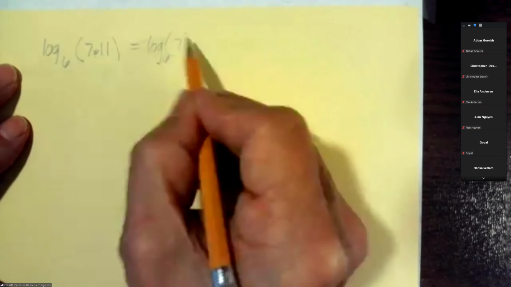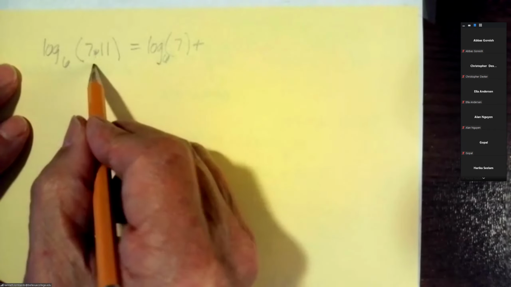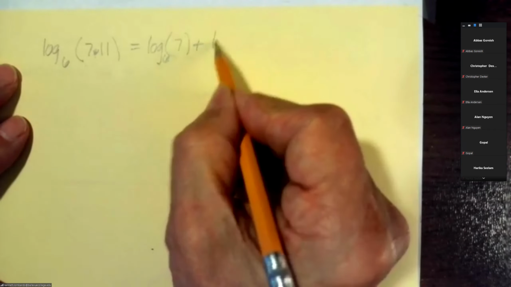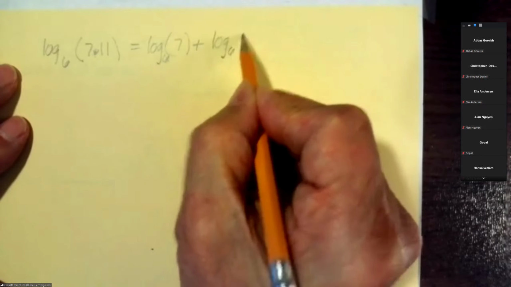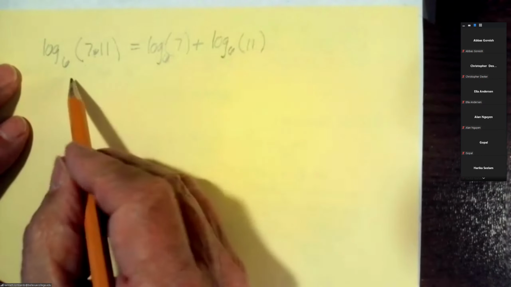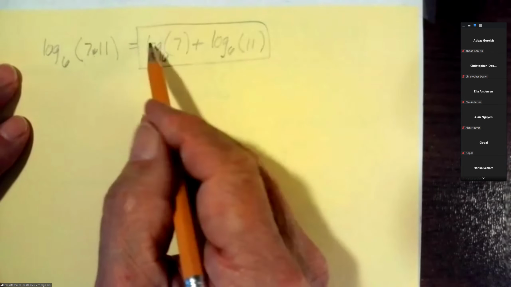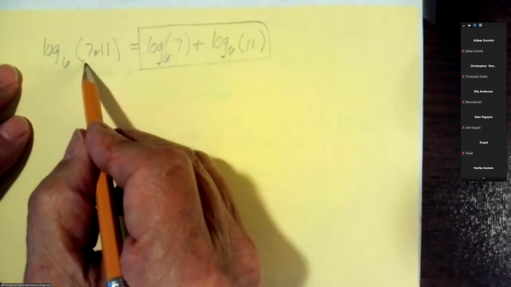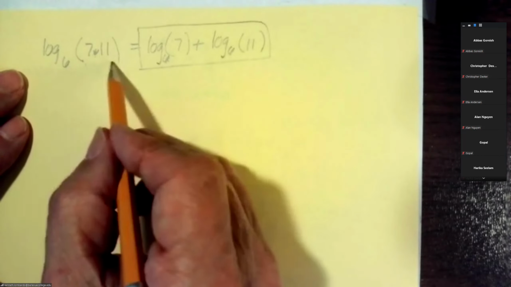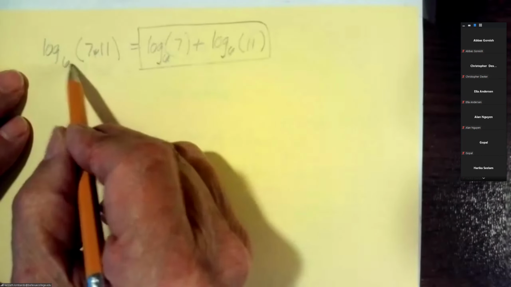And because that's a product, I'm going to say the log of a product is the sum of the logs. So I'm going to say log base 6 of 11. Okay, so here we're using the product rule to expand this logarithmic expression. So here's a product, here's the sum of the logs.